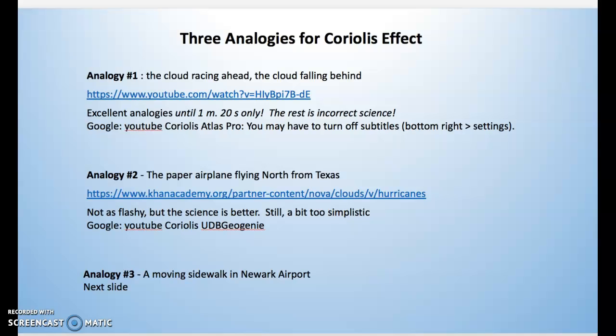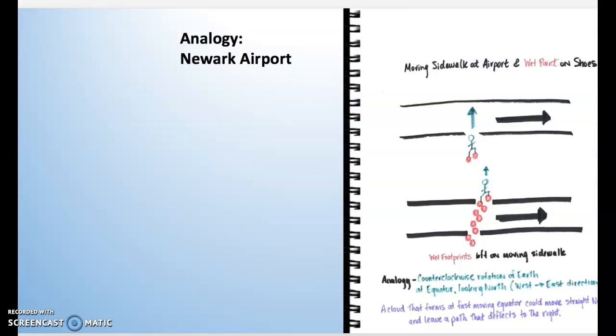The second analogy is about the paper airplane flying north from Texas and trying to get to Nebraska. It's not as flashy as the first video, but it does have good science. And the third analogy is one that I made up about the moving sidewalk in Newark Airport. So I'm going to show you that one in case you don't get to the videos.